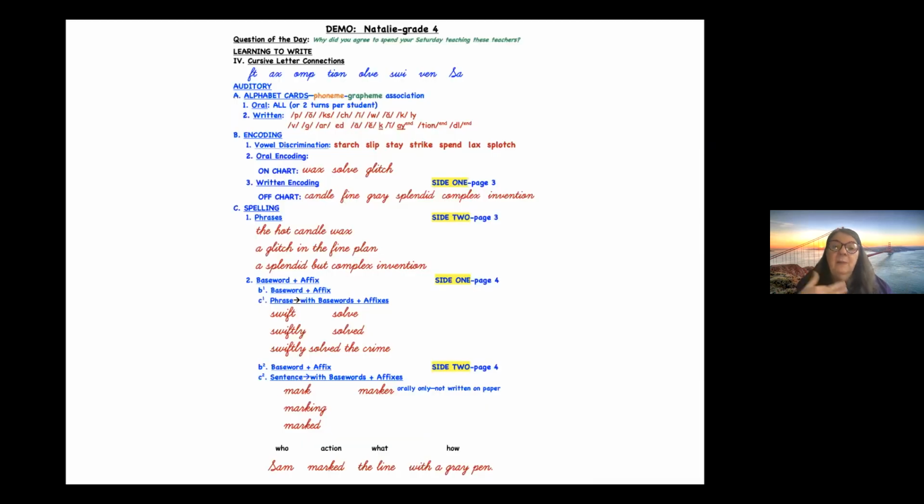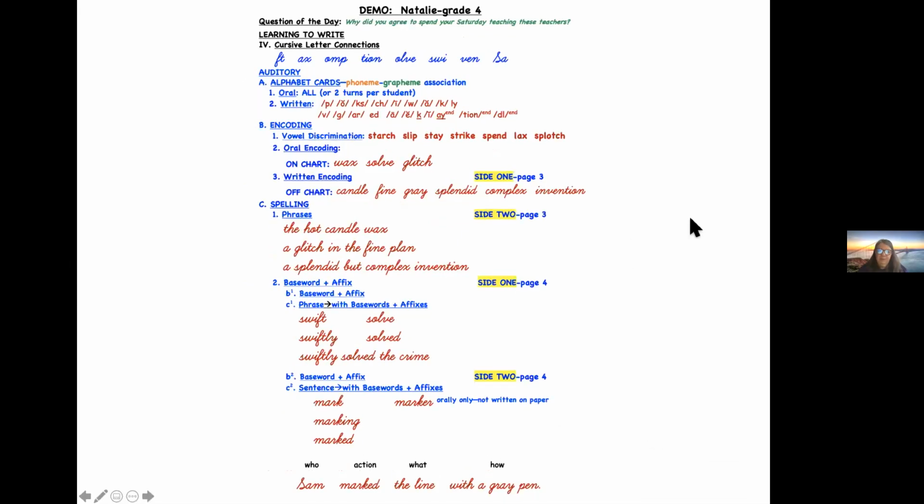This is what my lesson plan looks like. I don't use the one that I showed you. When I'm learning, I would have needed to use it because it has all the pieces, but I can put it all on one side of one piece of paper. I used to always write it on a 5x7 index card that was a color.